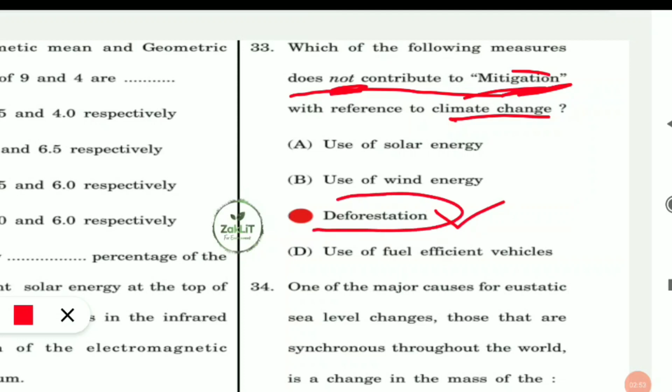Because it contributes to climate change. Use of solar energy and wind energy are renewable energy and help to fight climate change. Use of fuel efficient vehicles will also help mitigate climate change. I hope you are able to understand. Let's move on to the next question.